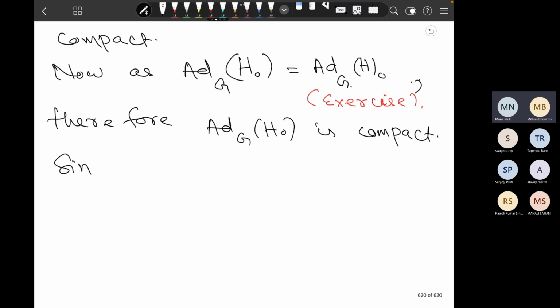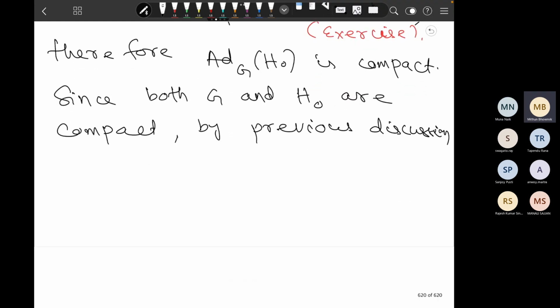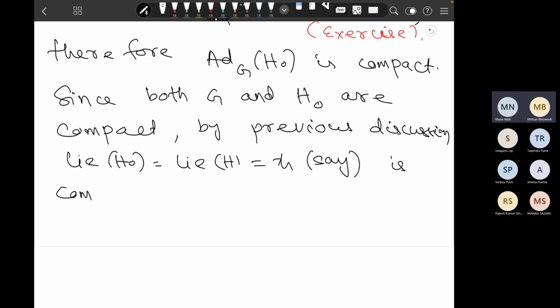Since both G and H0 are connected, by previous discussion, this Lie algebra of H0, which is equal to Lie algebra h of H, is compactly embedded in Lie algebra g.